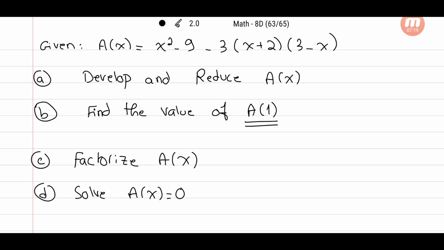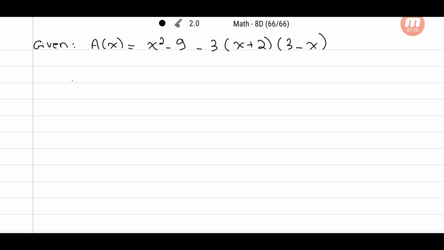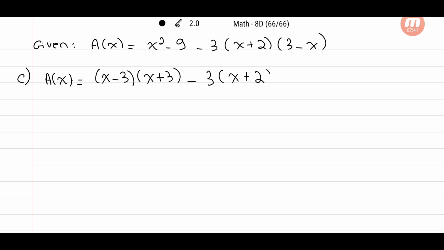Now part C, I need to factorize A(x). X² − 9, I need to factorize it as a difference of two squares. (x − 3)(x + 3) − 3(x + 2)(3 − x).